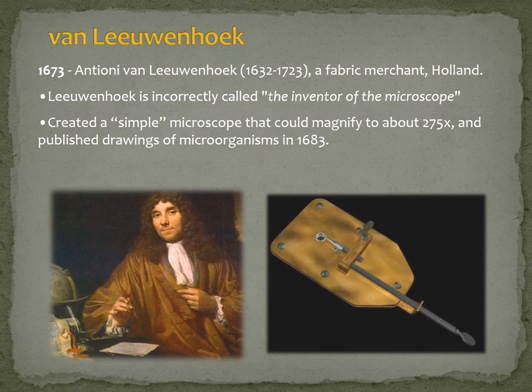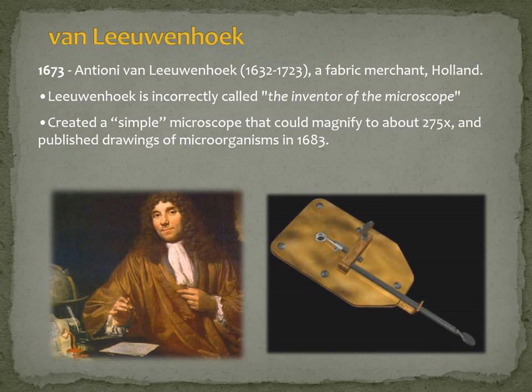Nevertheless, science hadn't really caught up with the use of microscopes until van Leeuwenhoek described his own work. Leeuwenhoek is incorrectly called the inventor of the microscope when he created this simple microscope that we see in the image on the right. There were already many others using compound microscopes or even simple microscopes.